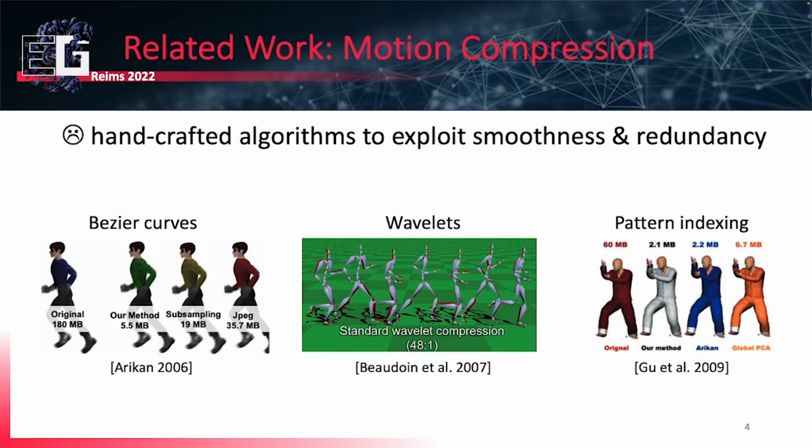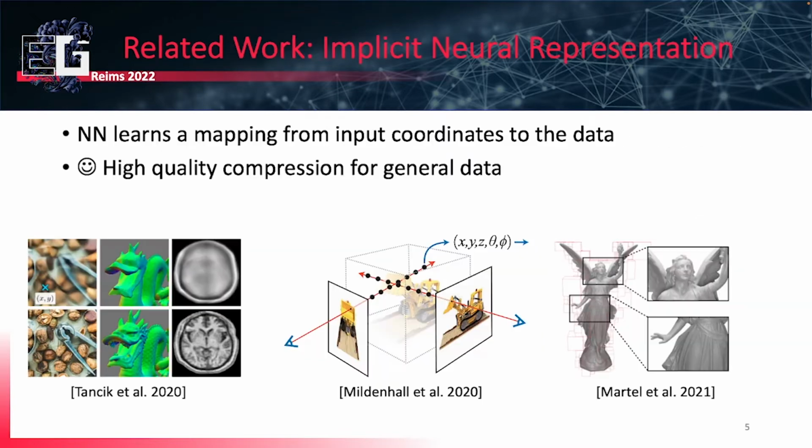There are many works for compressing motion sequences. However, previous techniques require handcrafted algorithms to exploit smoothness and redundancy in the natural motion. In contrast, neural networks can learn important features of the data.